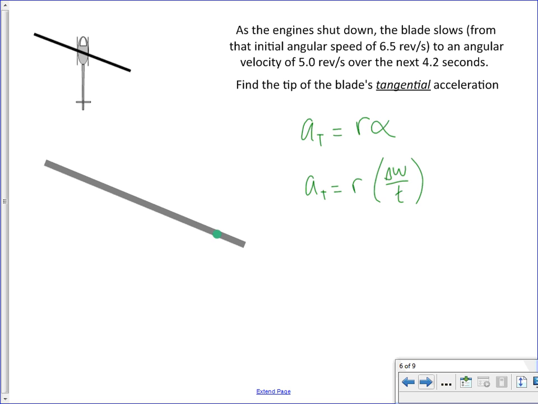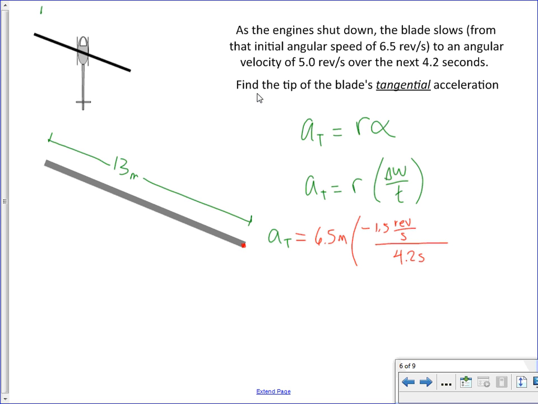All right, and let's see. We said a minute ago that this thing is 13 meters long. We want, notice it says the tip of the blade's tangential acceleration. So that's going to be 6.5 meters. Delta omega, well, check this out, is negative 1.5 revolutions per second over 4.2 seconds. But then I can right in here do this.